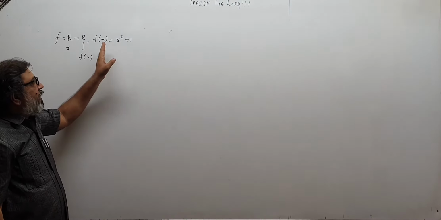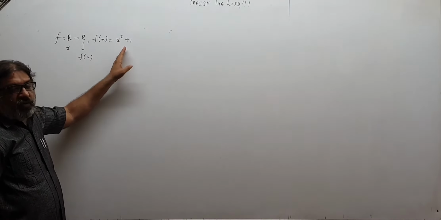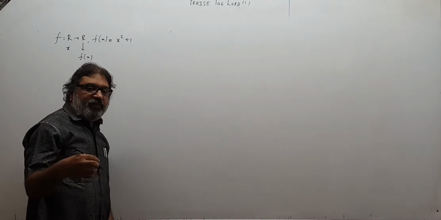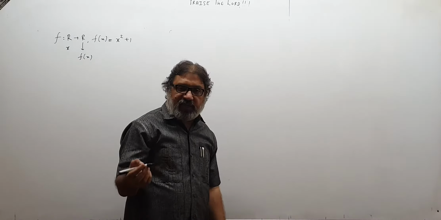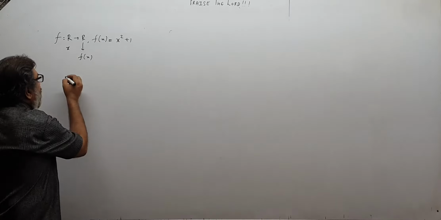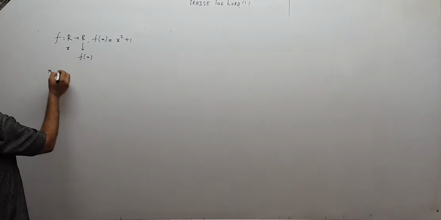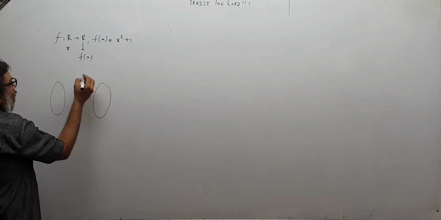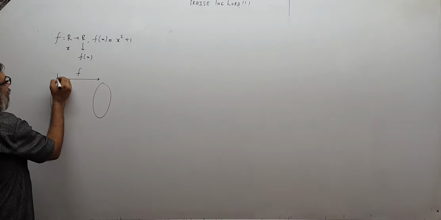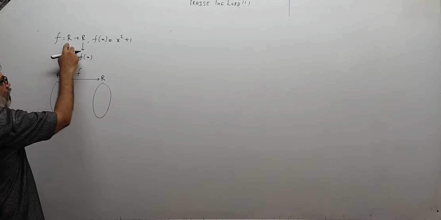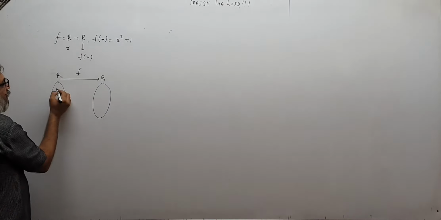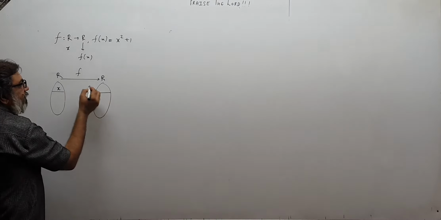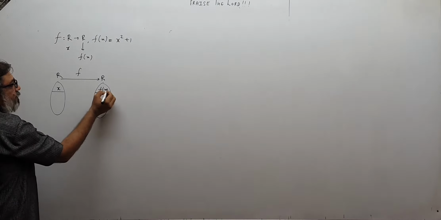Children, you know f(x) is x square plus 1. X square plus 1 means it is a quadratic expression. Its graph will be a parabola. You must have studied in class 10. If f is a function from R to R, I told you from here we will get x, the value of the variable, and from here we will get the value of function f(x).